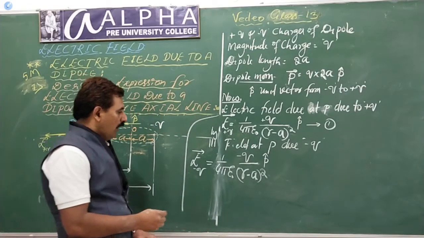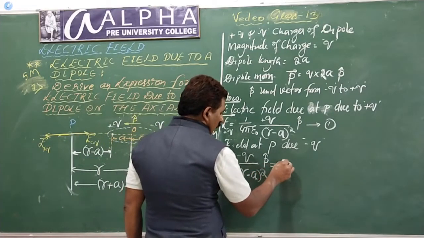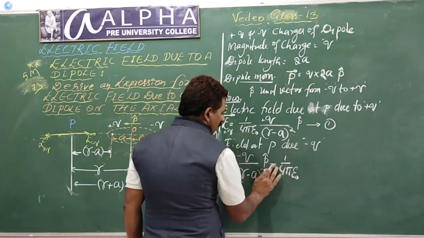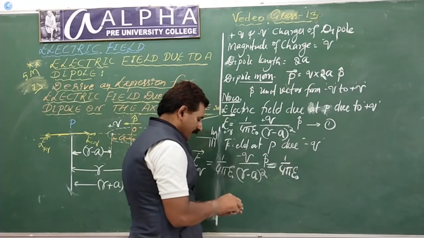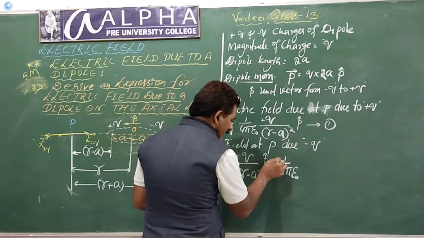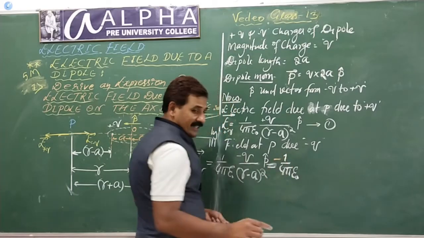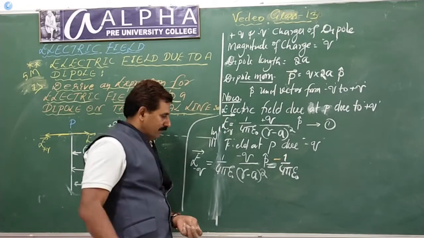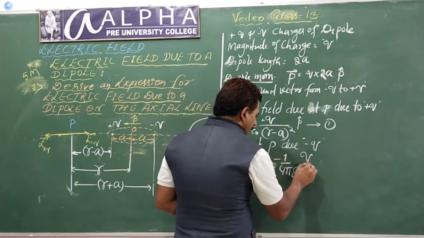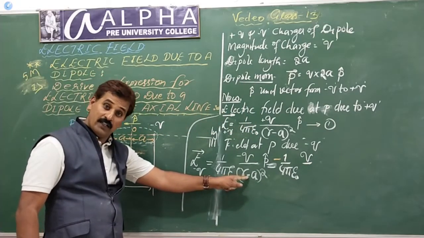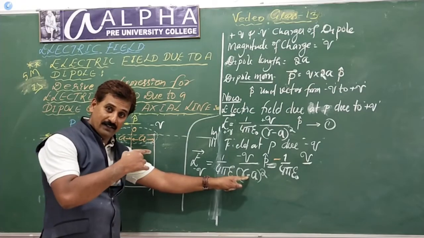Or you better write this way, 1 over 4 pi epsilon naught. Observe this minus sign, very very important. That implies direction, remember students. Q divided by, what is that distance? Observe carefully.